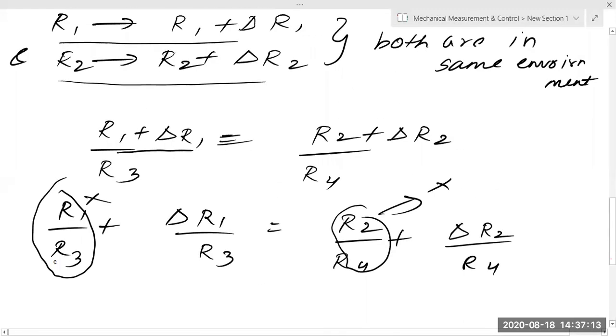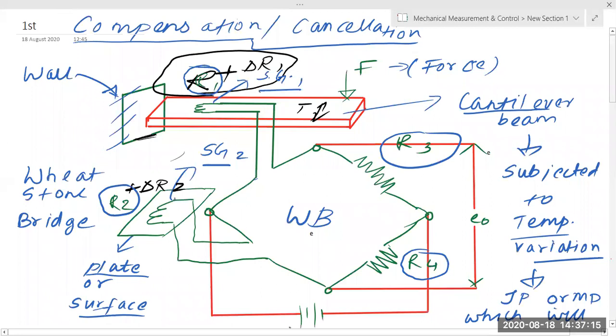Now I will explain more about this setup. There will be two resistances. Now I have not told you what these resistances will be like. Both resistances should be equal. Okay, R3 and R4 should be equal. Initially they should be kept equal. R1 and R2 are not kept equal; R1 and R2 can have their own resistance.